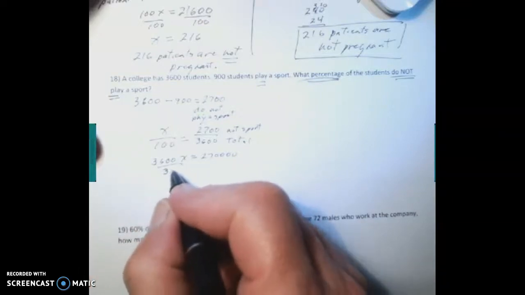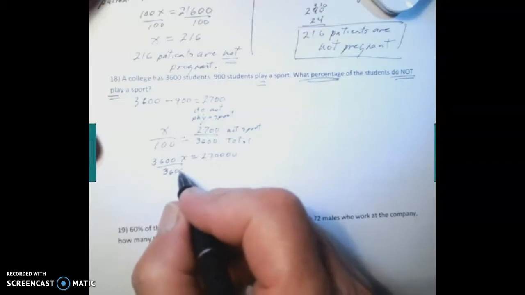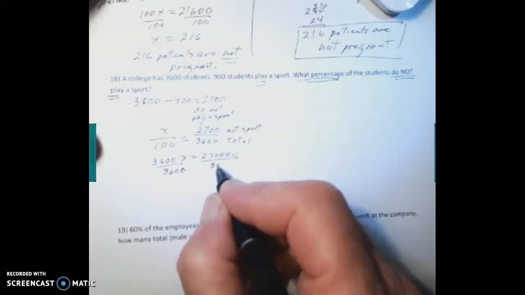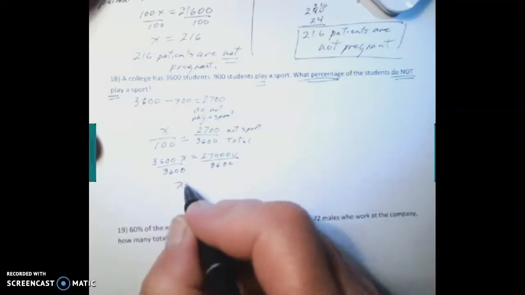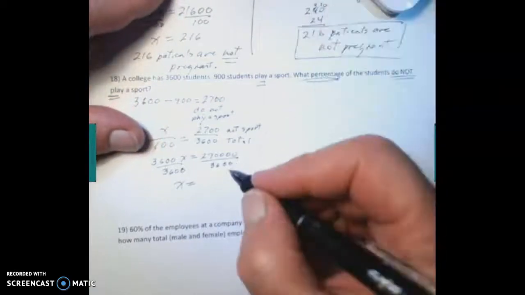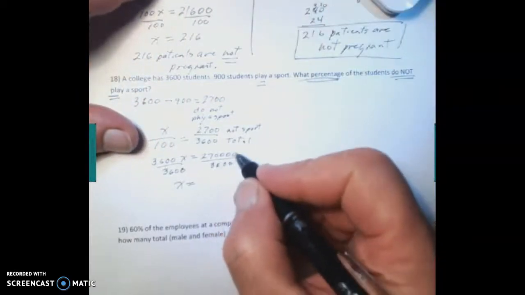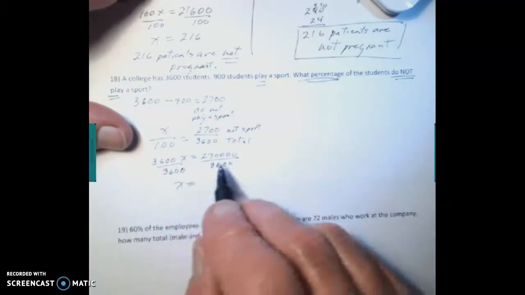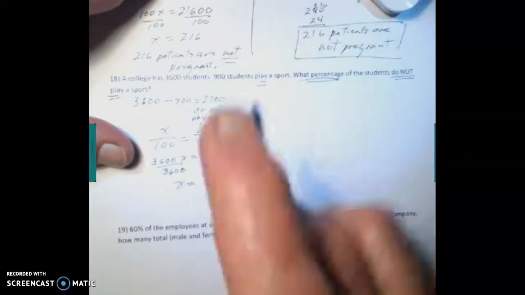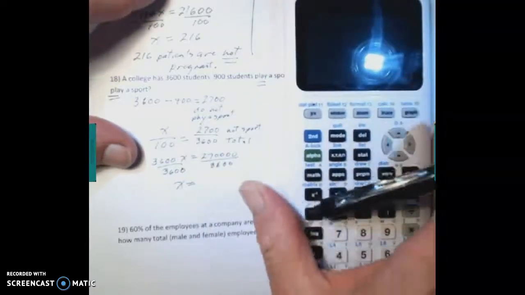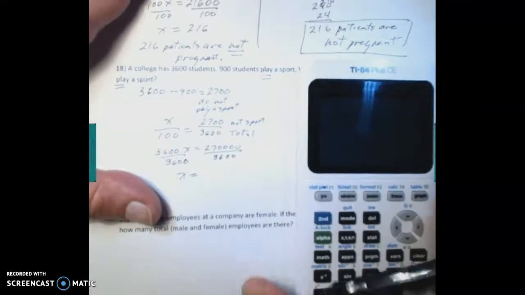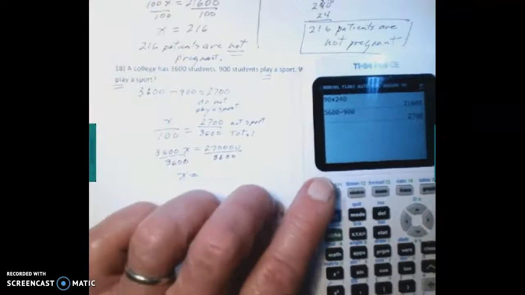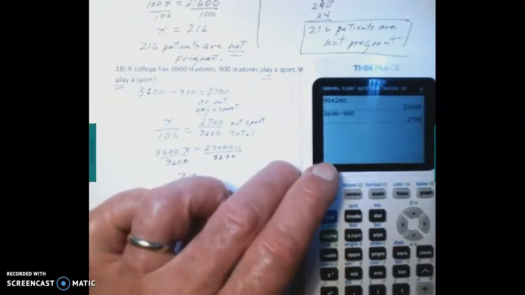Divide by 3,600. On this side, do the same over here, 3,600. You get x equals. Guys, I would really urge you to reduce first, knock off these last two zeros on both numbers, and then run it through the calculator. I worry about using the calculator and you guys typing numbers in wrong, so I'm going to do just that though. Nice part is that with this calculator I can see my numbers.